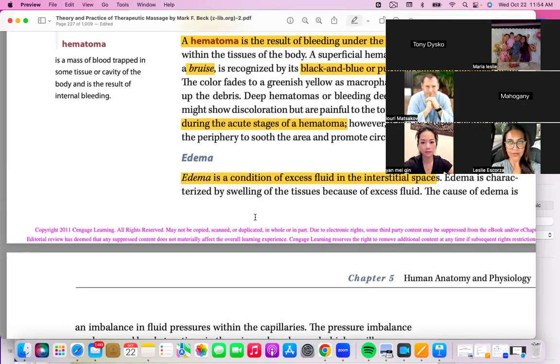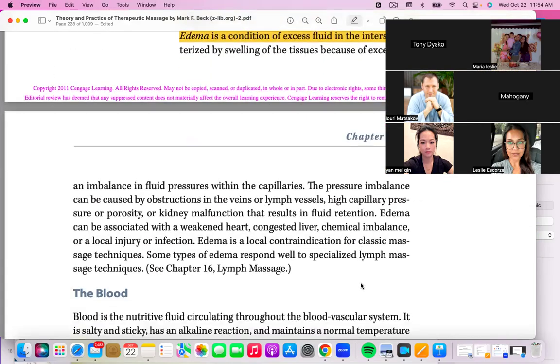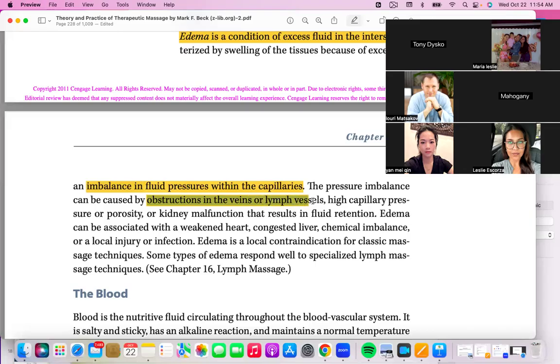Edema is caused by an imbalance of fluid pressure within the capillaries. That imbalance can cause obstruction of the vein or the lymph vessels, because there's too much fluid for them to handle.